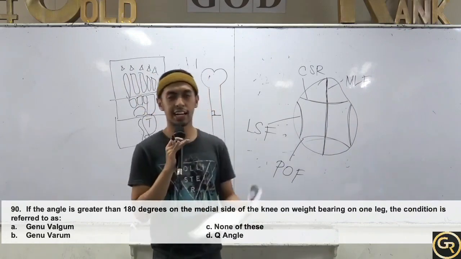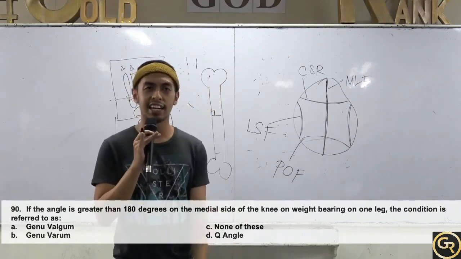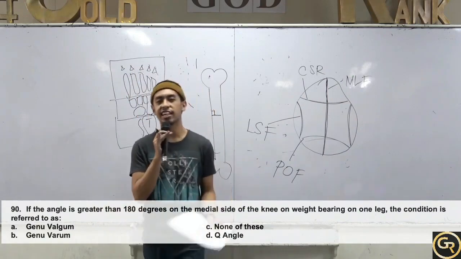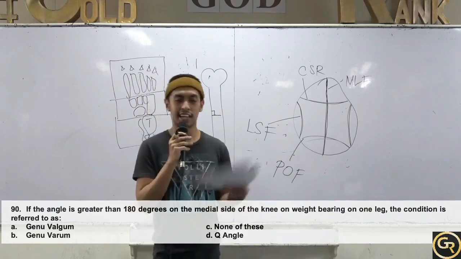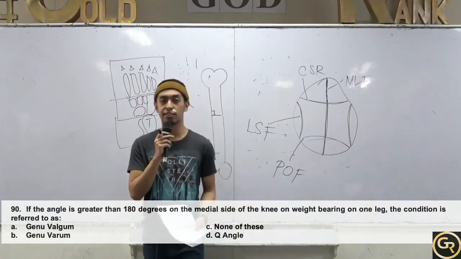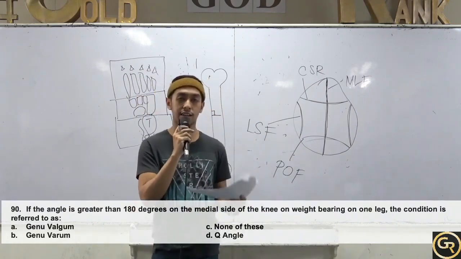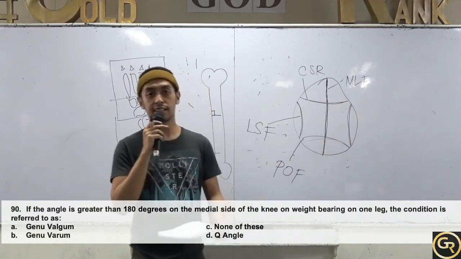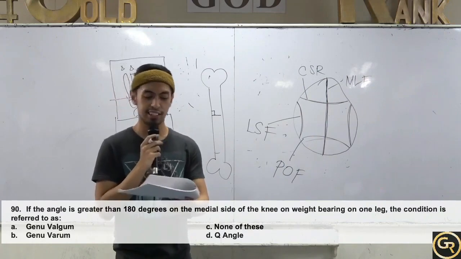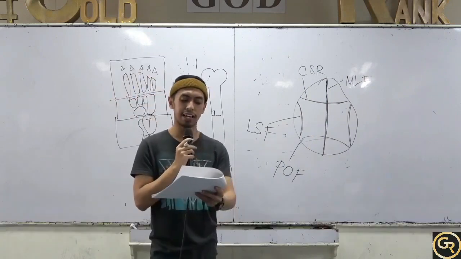However, in a patient wherein the angle on the medial side of the knee is greater than 180 degrees, the deformity is reversed. It's your genu valgum, or your knocked knees.